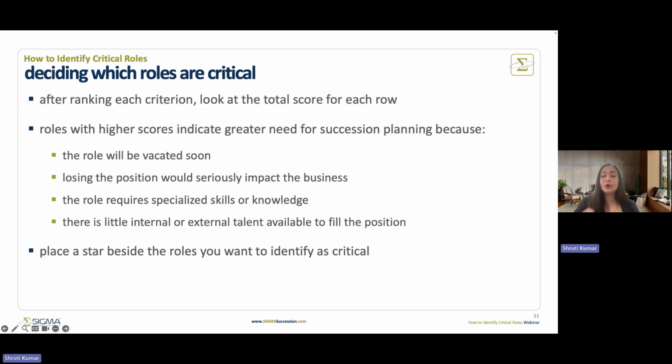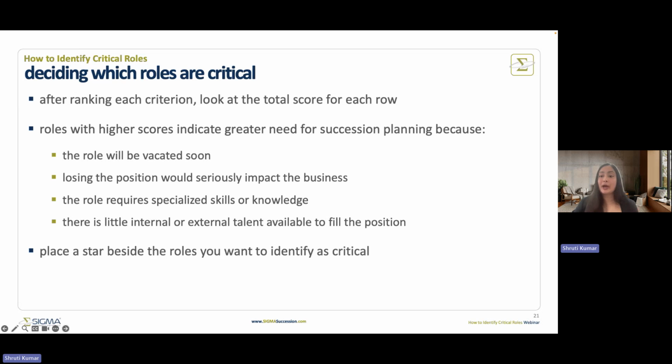Keep in mind that by starting small, you make the process easier to manage and improve your likelihood of creating a successful plan. It also gives your organization a chance to learn and to gain insights before expanding the scope of your succession plan.